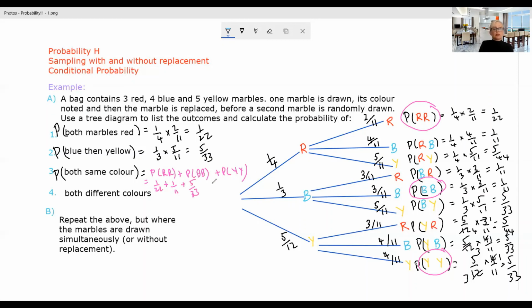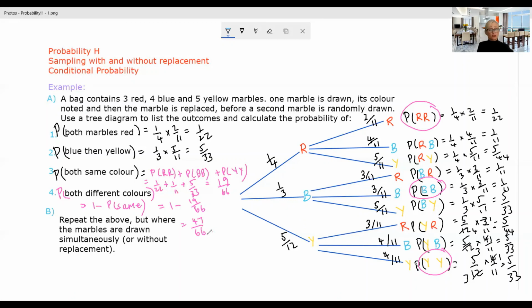So on 66, what are we going to get? 19 on 66. And then this one again is still going to be the complement. So it'll be 1 minus the probability of same, which is 1 minus 19 on 66, which is what, 47 on 66.